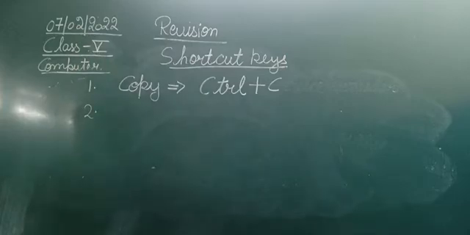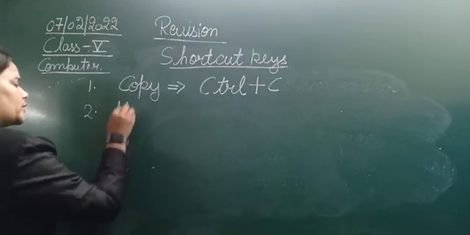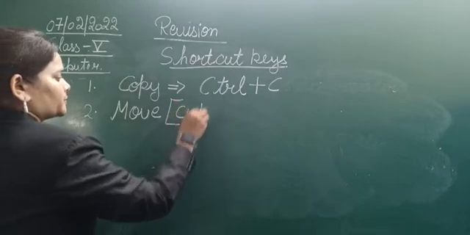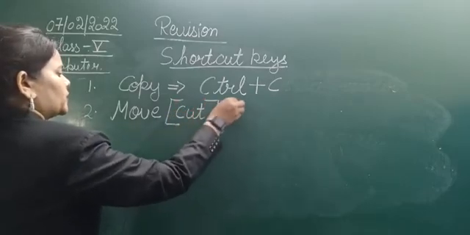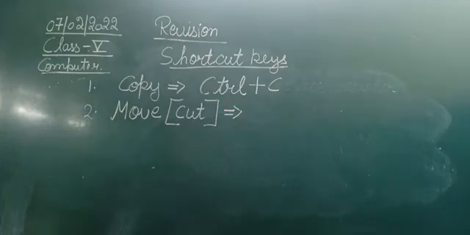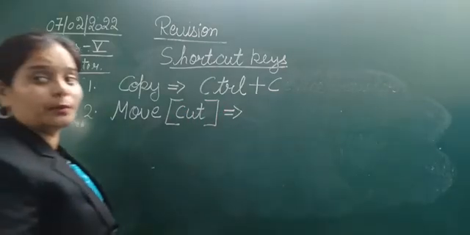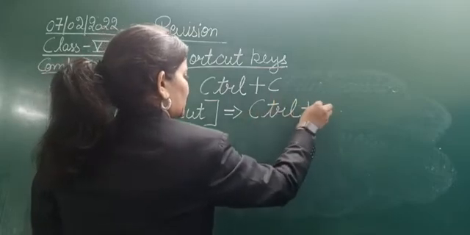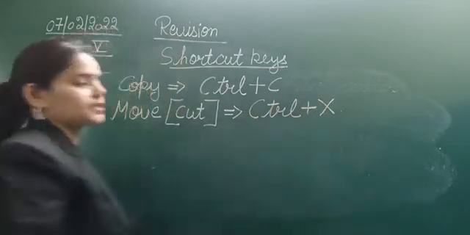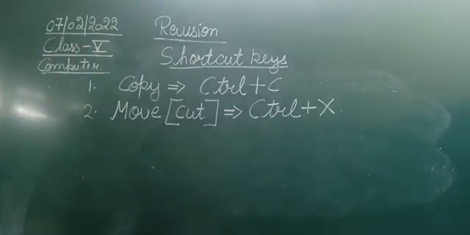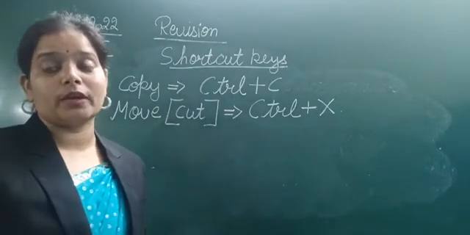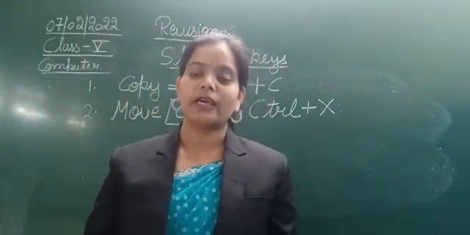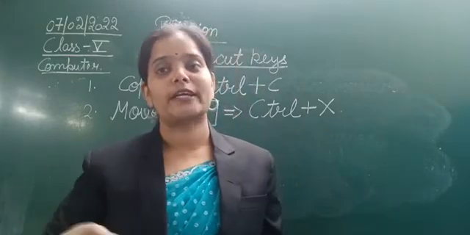Next, what is the shortcut key to move, in other words to cut? The shortcut key to move or cut is Control plus X, that is CTRL plus X. If you want to move any picture or any text from one folder, you cut it and paste it somewhere else.